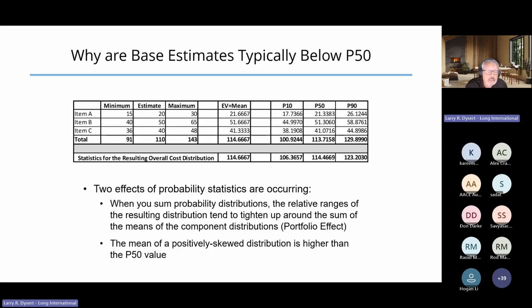That's simply statistical theory kicking in, probability theory. Two effects are happening. When I have multiple elements within my Monte Carlo simulation, the relative range of the overall distribution tends to tighten up or centralize around the mean value. That's basically portfolio effect or central limit theorem kicking in.